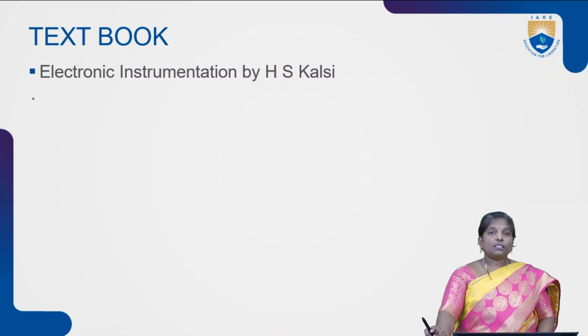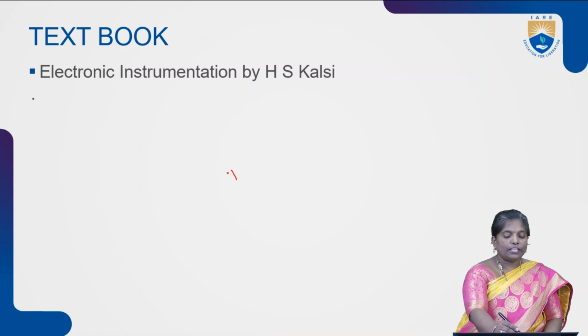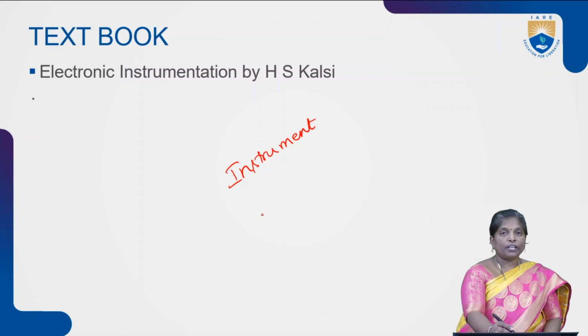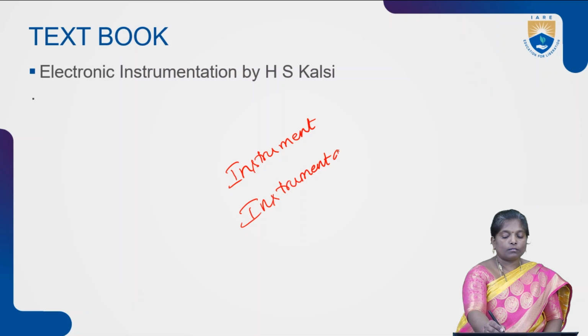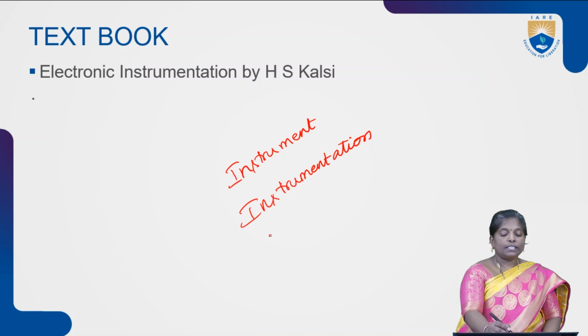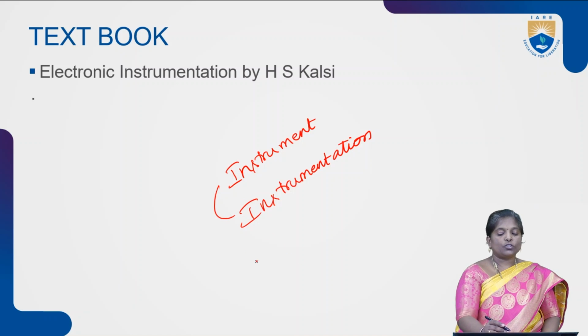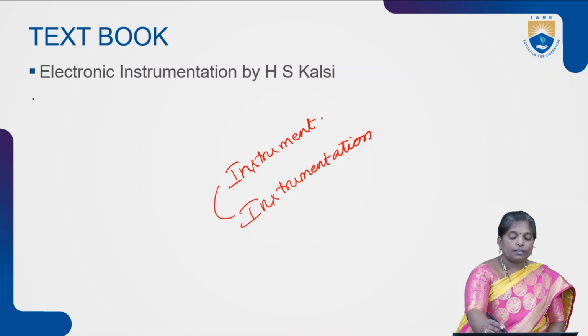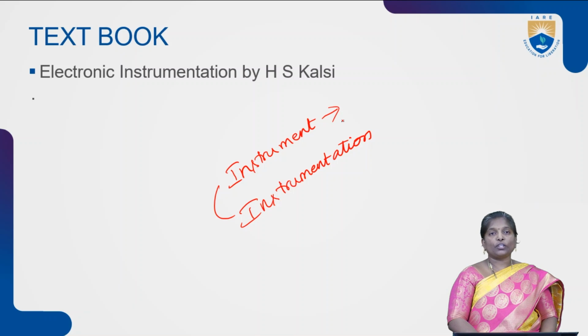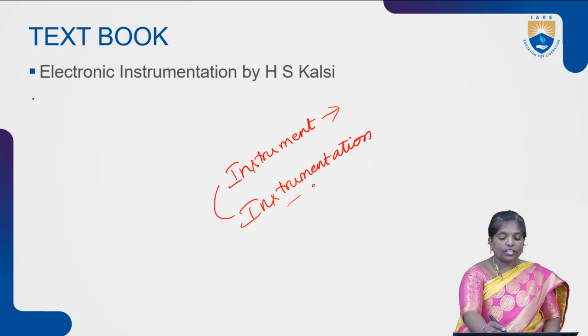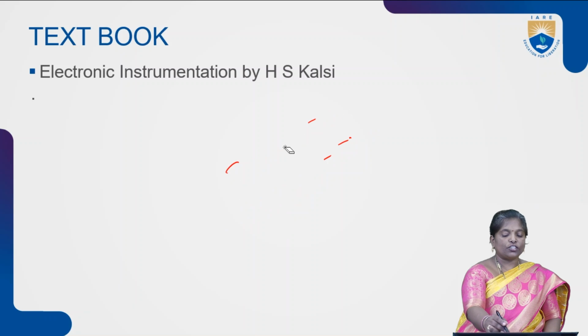In this fifth module, we mainly focus our attention on how we can convert one form of energy into another form of energy. And the prescribed textbook for this subject is Electronic Instrumentation by H.S. Kalsi. So, in this electronic measurements and instrumentation, mainly we have discussed what is meant by instrument and what is meant by instrumentation. What is the difference between instrument and instrumentation? Instrument is a device which is used to measure a particular quantity, whereas instrumentation is the process of how we use a particular instrument to measure the parameter.